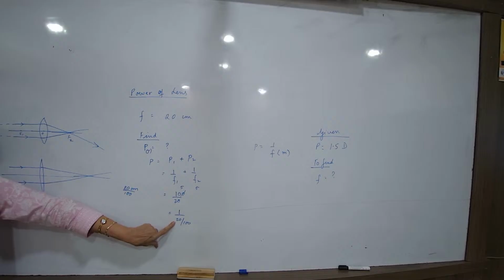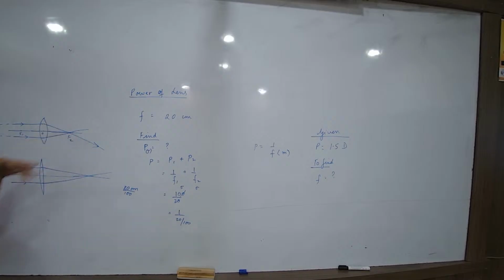Whenever you are given in centimeters, suppose I am giving you F is 25 centimeters. 1 upon F is 1 upon 25 divided by 100. I am converting it into meters. 100 goes on top, so it is 100 by 25. That makes it 4, and that is in meters. That is the power.